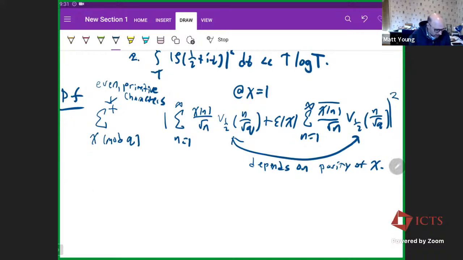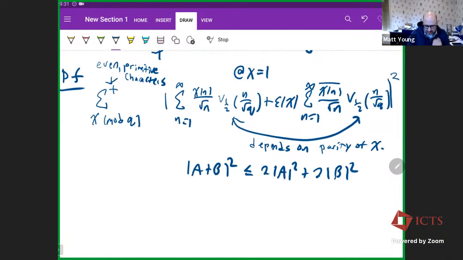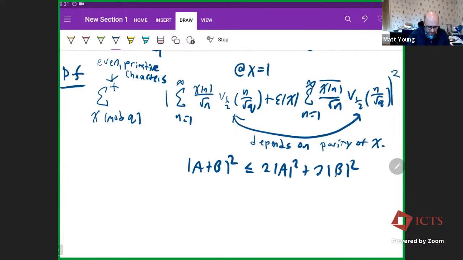Now I want to use this simple inequality: |a+b|^2 is at most 2|a|^2 + 2|b|^2. That is just to get rid of any cross terms. You could square this out, and then you'll have to deal with absolute value of a squared, absolute value of b squared, and then cross terms with a and b. But if you just want an upper bound, you can completely avoid the cross term problem using this simple inequality.